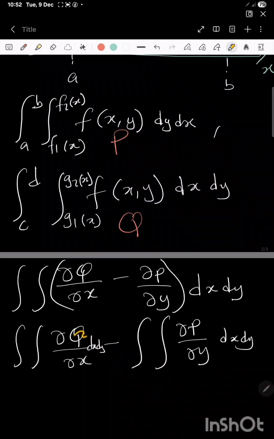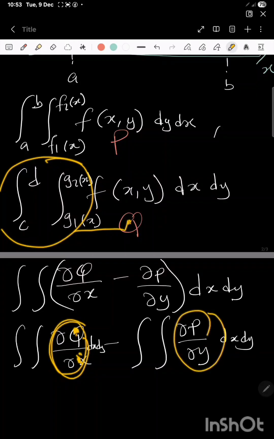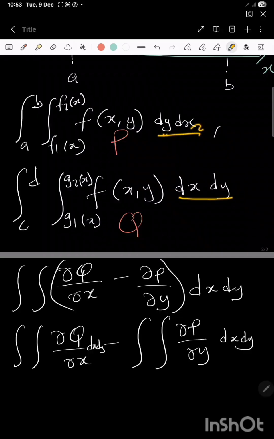So the function of Q here is going to be integrated along which limits? Along these limits here. And this function of P is going to be integrated along which limits? Along these limits. But don't forget the order of their integration: the function of Q is integrated with respect to dx dy and the function of P is integrated with respect to dy dx. So that's what you are going to do.